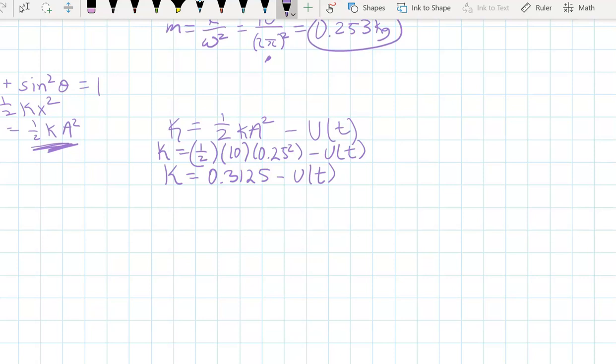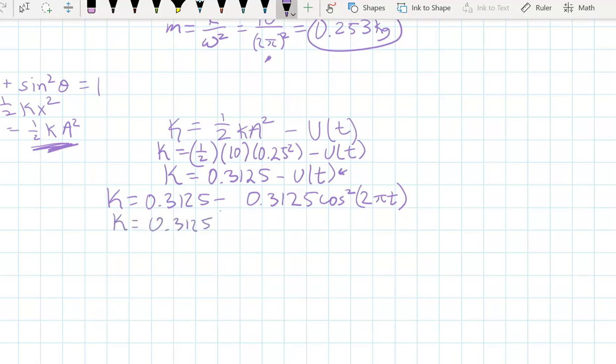That's like what was on the outside of the cosine squared in our potential energy function. So now what I'm going to do is right here, I'm going to plug in that potential energy function we came up with earlier. And now I'm seeing that in each of these terms, I have a 0.3125. So I'm going to factor that out.